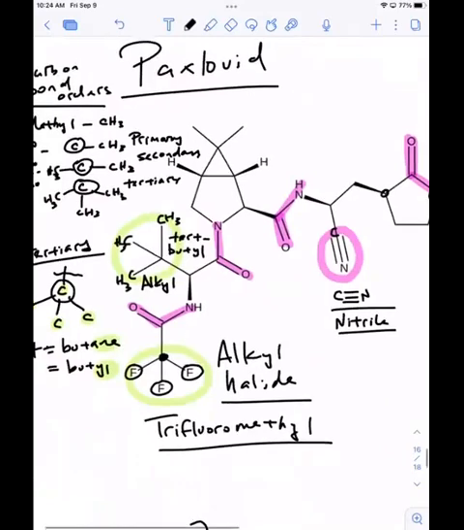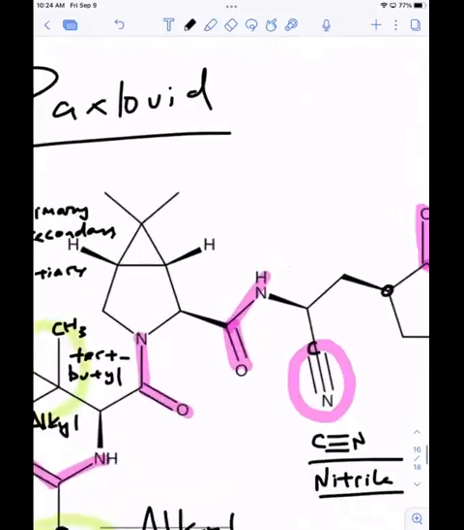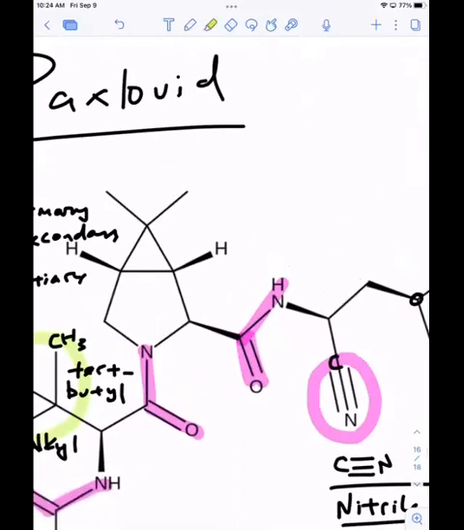All right, let's go here and let's look at this 3-member ring right here because that'll give us a chance to talk about that. What's the term we use for 3 carbons? Anybody?